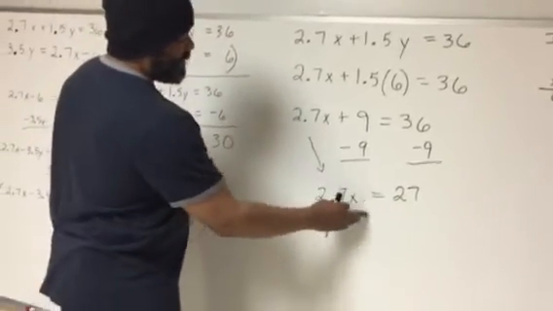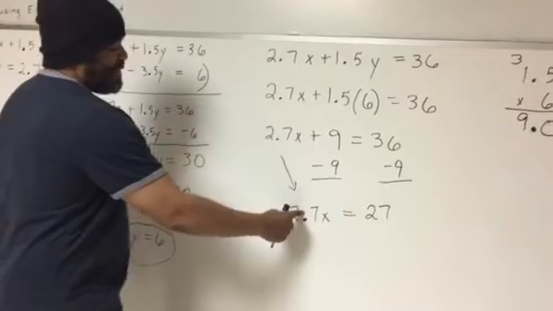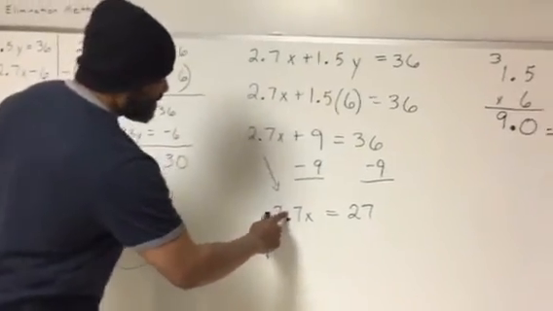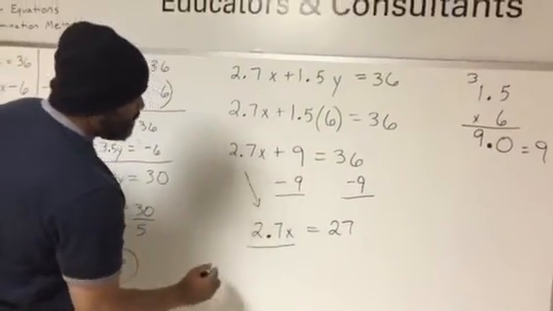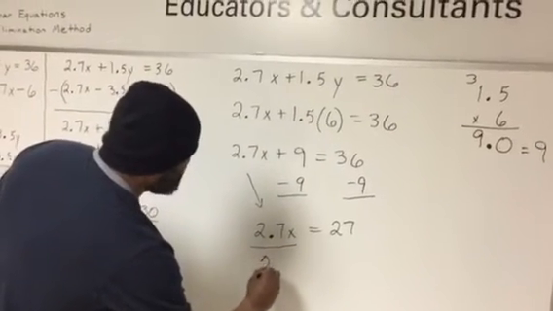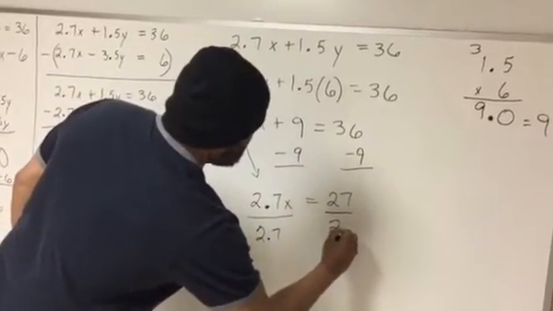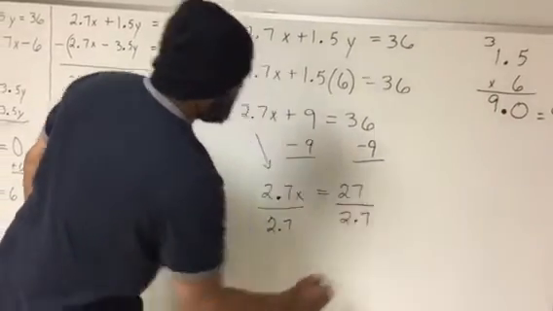And since this is a multiplication problem, because the variable x is next to the coefficient 2 7/10, I have to do the opposite of multiplication, which is to divide both sides by 2 7/10.